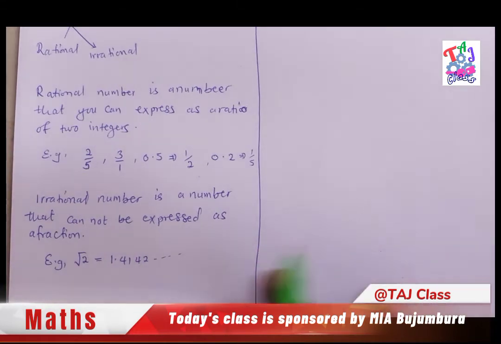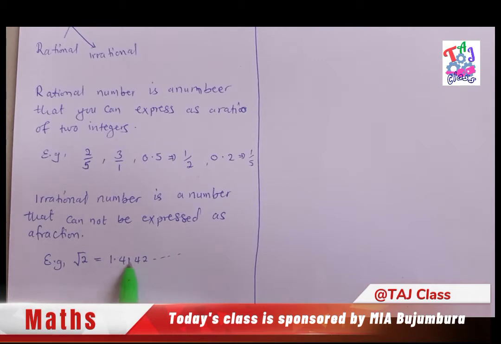So it does not end, it does not have limited decimal places. That automatically makes it an irrational number, and in that case it becomes hard to express this as a rational number. There's no way you can get this as a fraction. It is very hard because its decimals are unending.